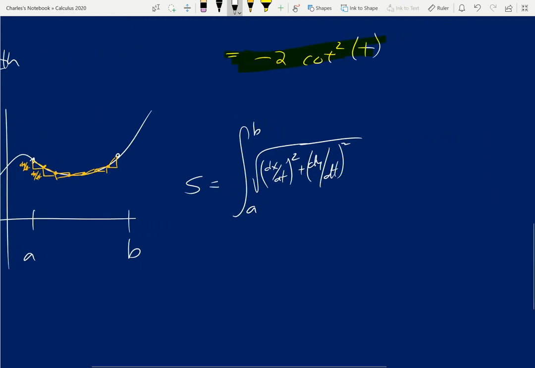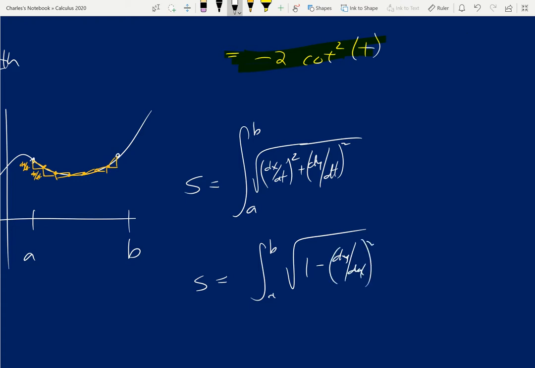And I think it's worth mentioning that it used to be the square root of 1 plus dy/dx squared.